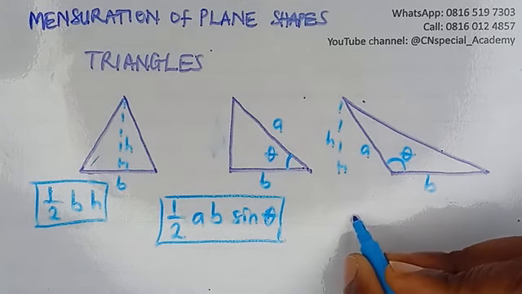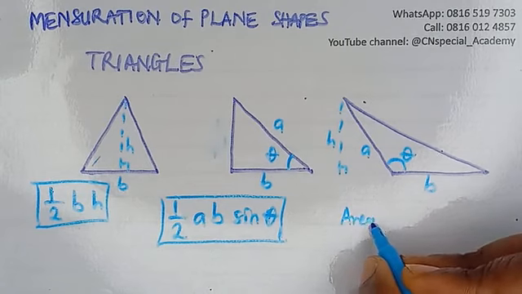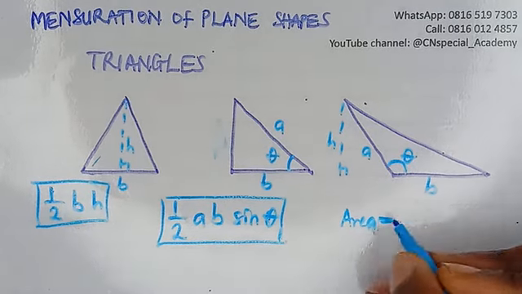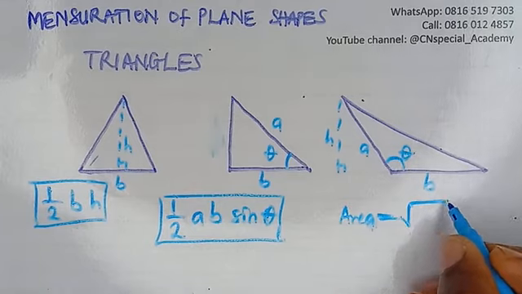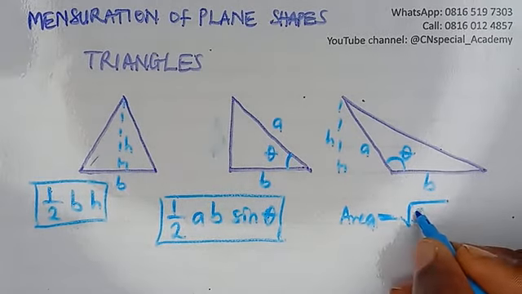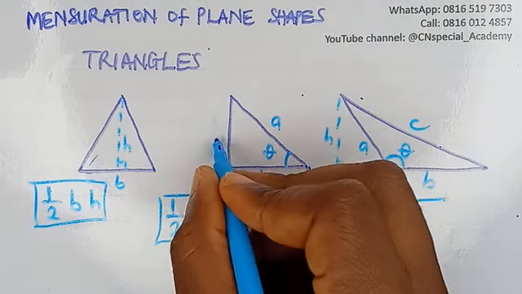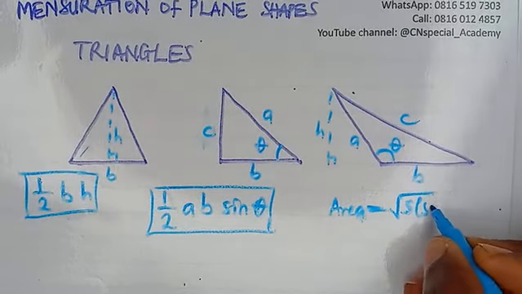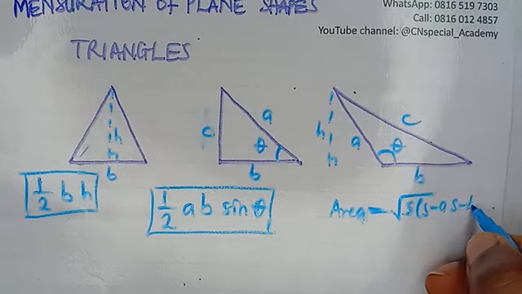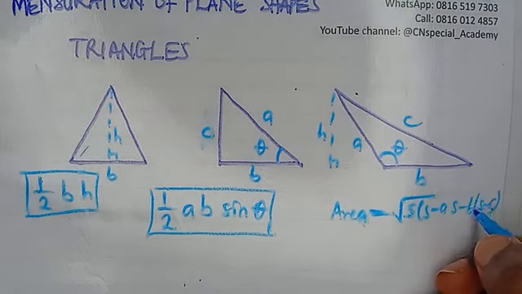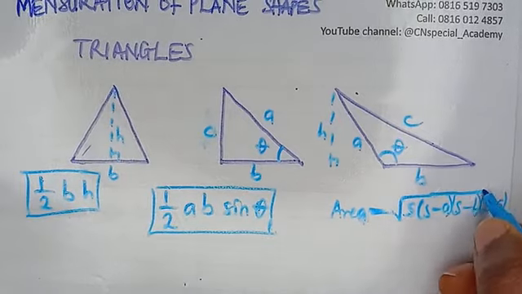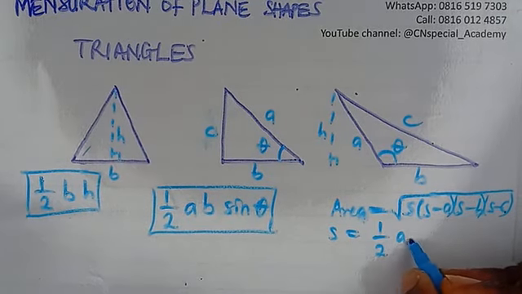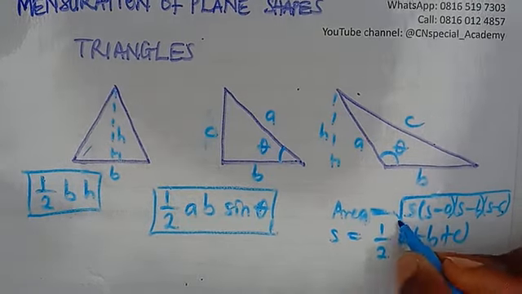In that formula, the area is equal to the square root of a value we will call S, times S minus side A, S minus side B, S minus side C, all multiplying each other, where S is equal to half of the perimeter, so half of A plus B plus C.